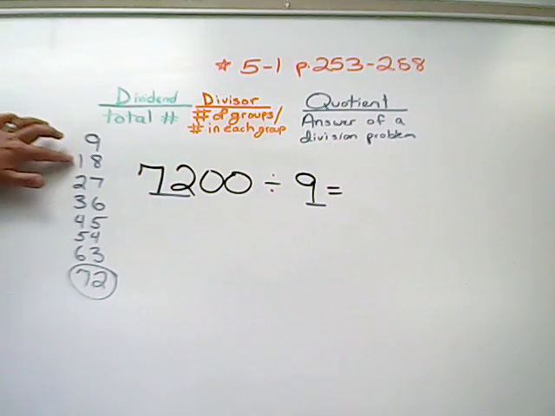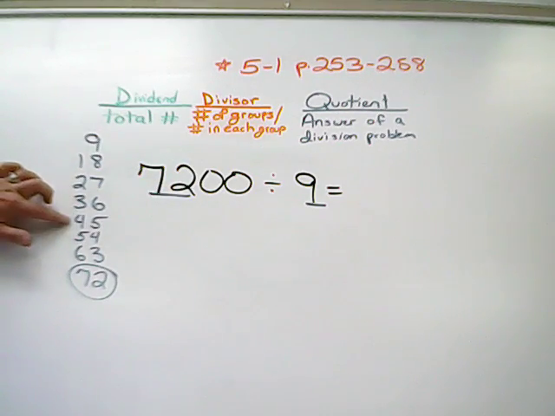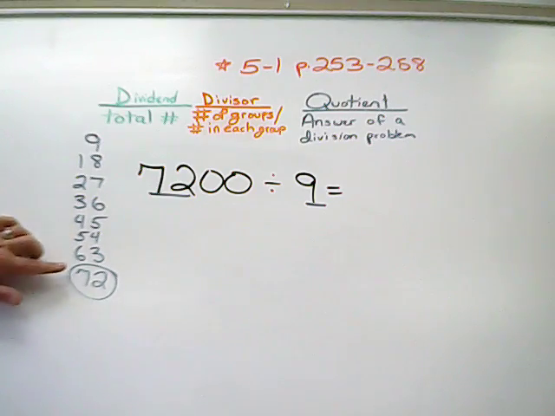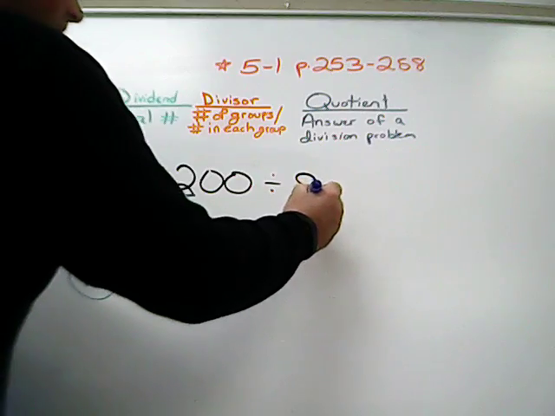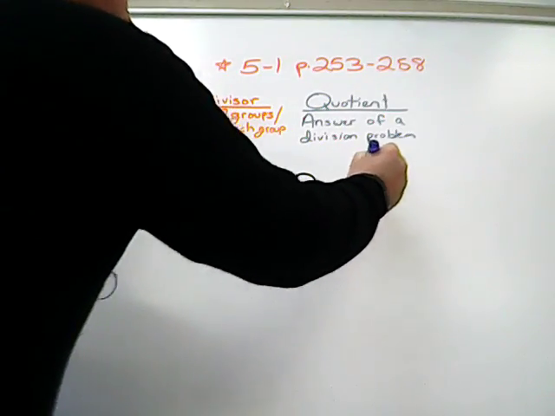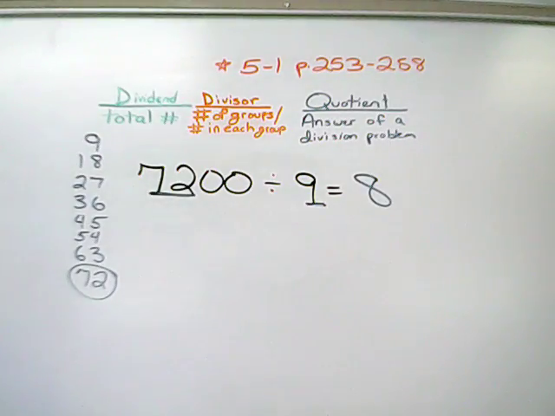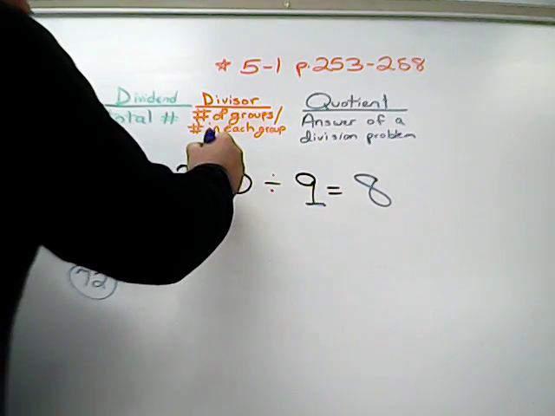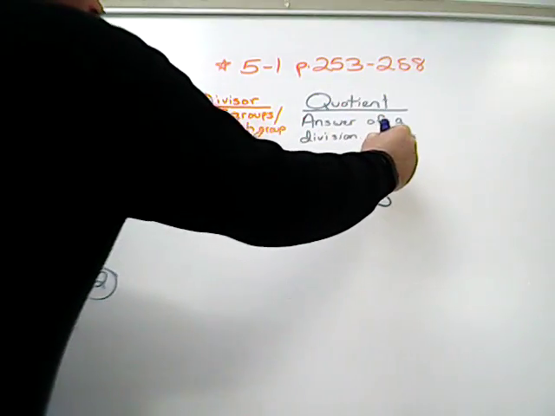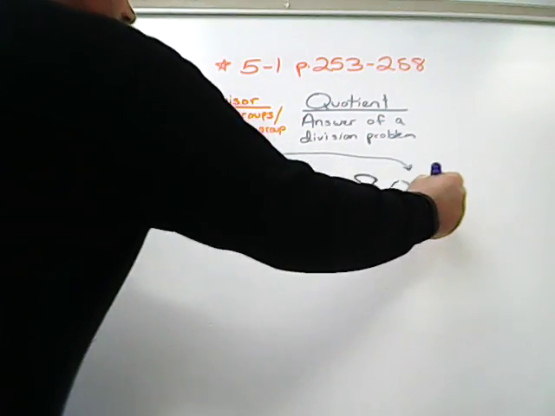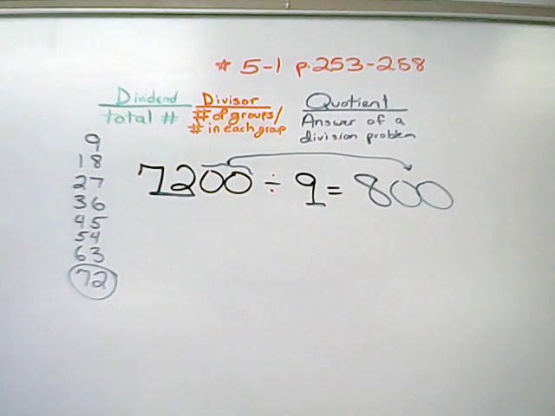Well, it took me 1, 2, 3, 4, 5, 6, 7, 8 times. So 72 divided by 9 equals 8. However, that is not my final quotient. I have 2 zeros in my problem, so I need to bring those 2 zeros to the end of my quotient. So my final answer is going to be 800.